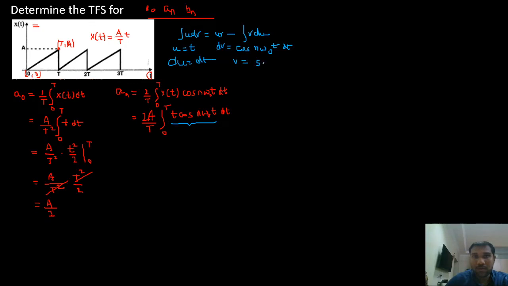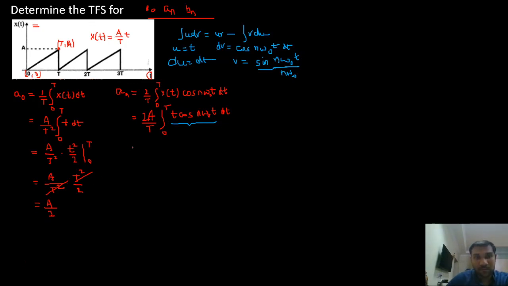That is equal to sine n omega naught t divided by n omega naught.